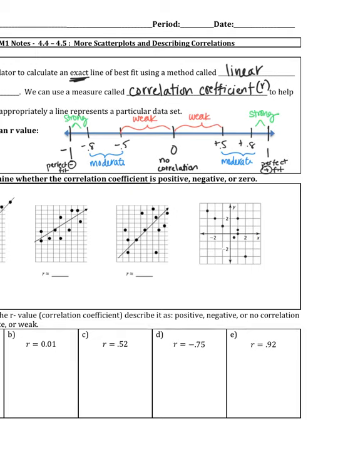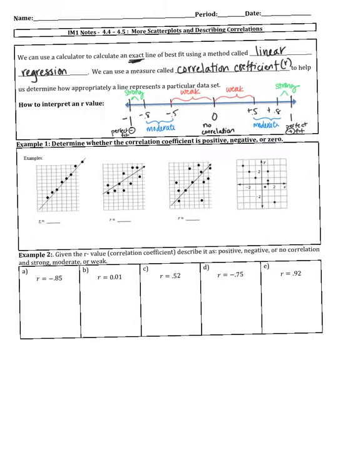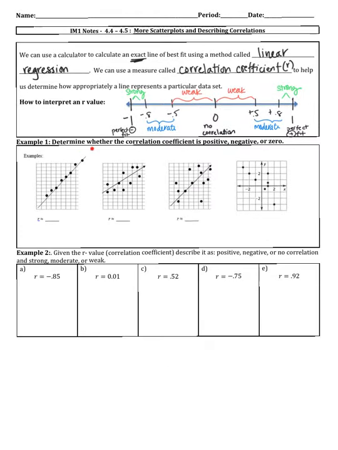So not only can we describe a graph using positive, negative, or none, but now we can also use these descriptors of strong, moderate, or weak, depending on what we see and what the correlation coefficient tells us. Okay, so our first example says, determine whether the correlation coefficient is positive, negative, or 0.